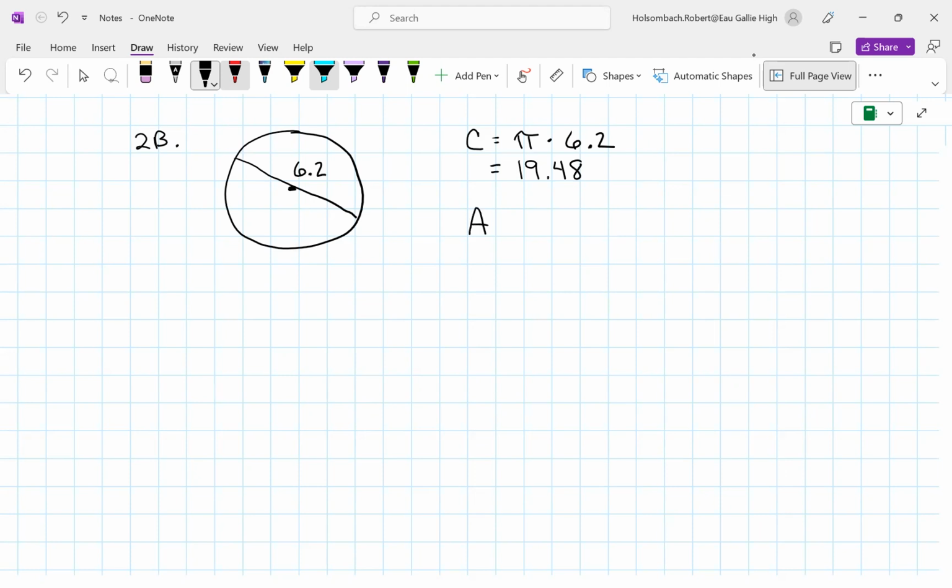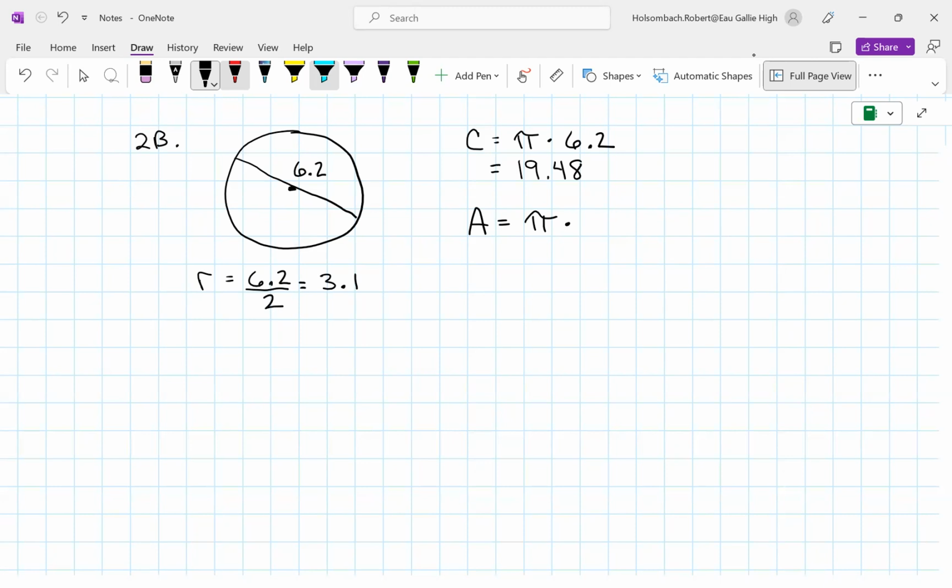Our area is equal to pi times the radius squared. All right, so look, if our diameter is 6.2, we take radius is equal to 6.2 divided by 2, which is 3.1. Be careful not to use the diameter when you're finding area.